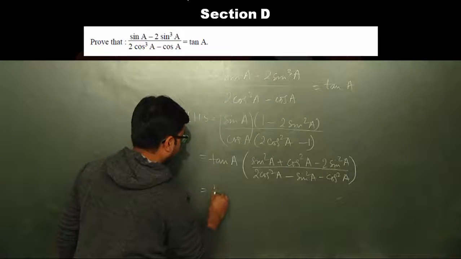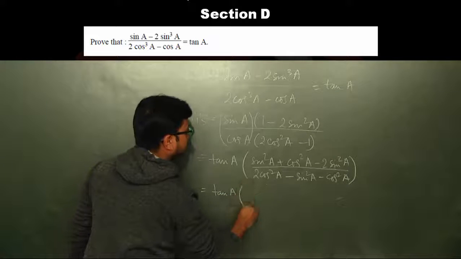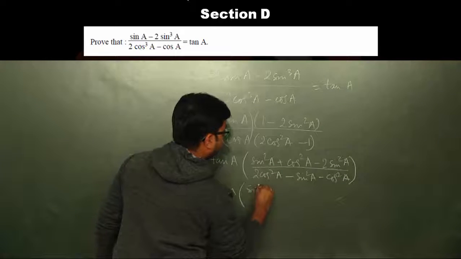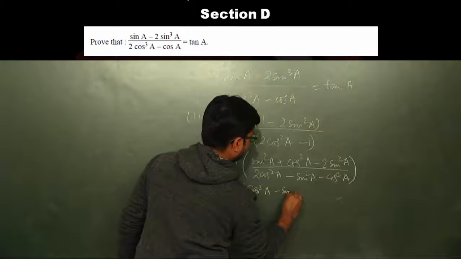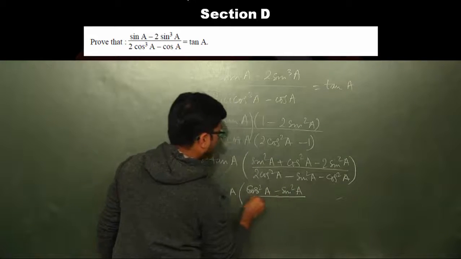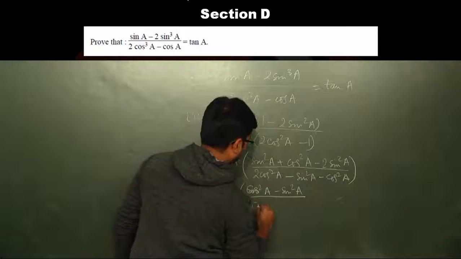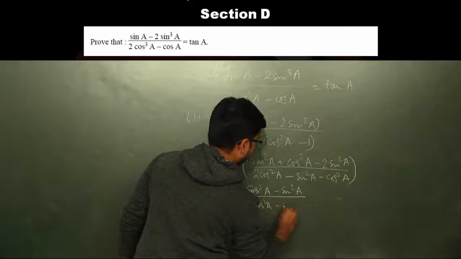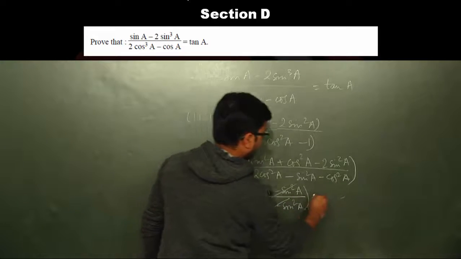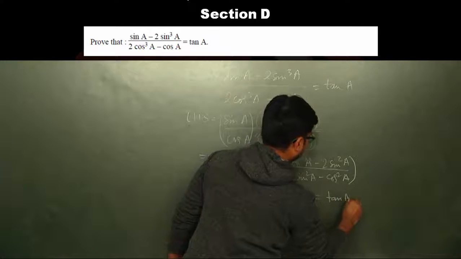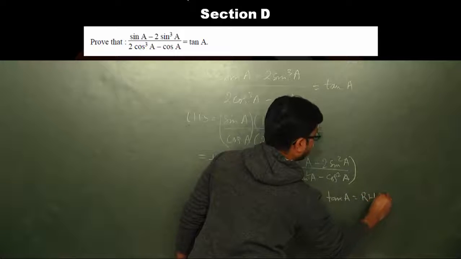And what do you get? Tan A into sine square A, cos square A minus sine square A in the numerator, and in the denominator you also get cos square A minus sine square A. They cancel out, so you get tan A, which is equal to the right hand side.